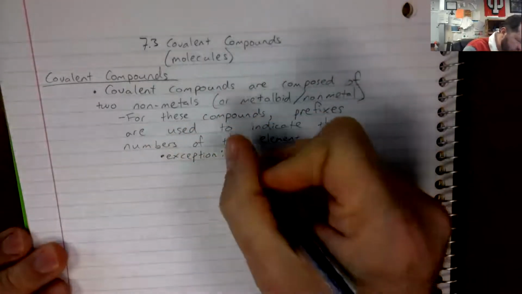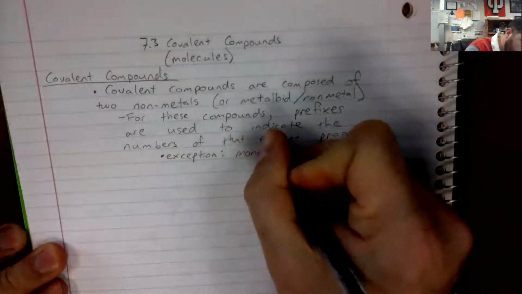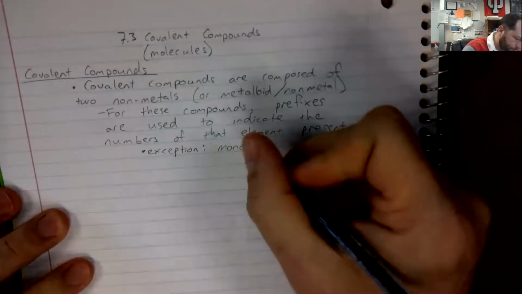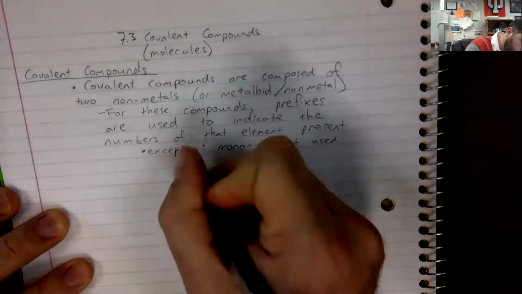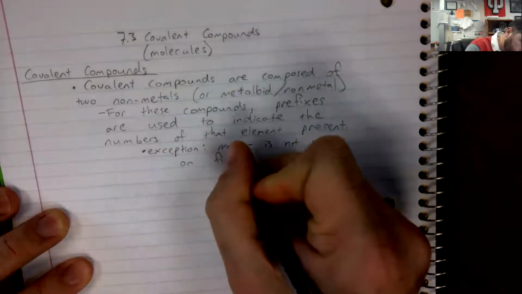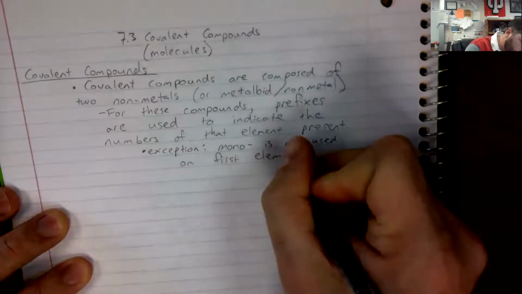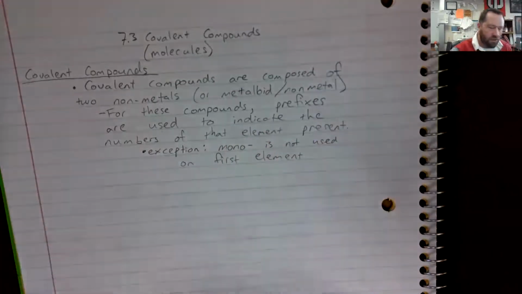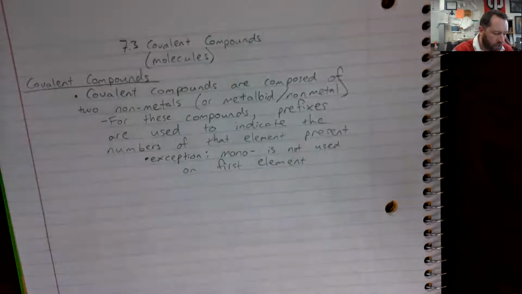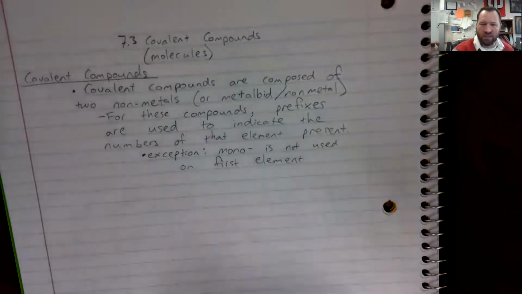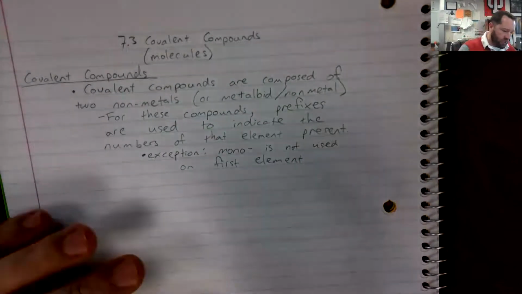And that exception is the prefix mono is not used on the first element. So mono means one. We're going to use it for the second element if that's the case, but we don't use it for the first element.